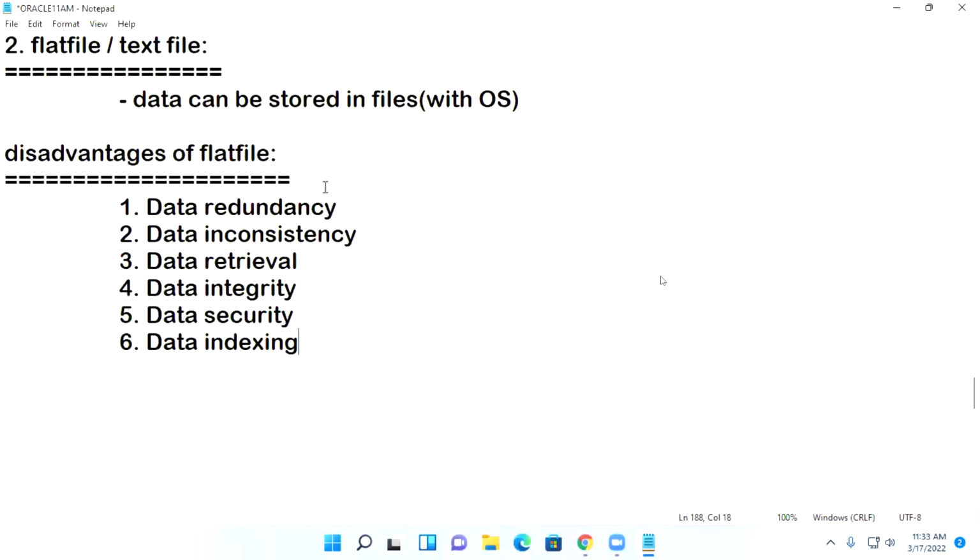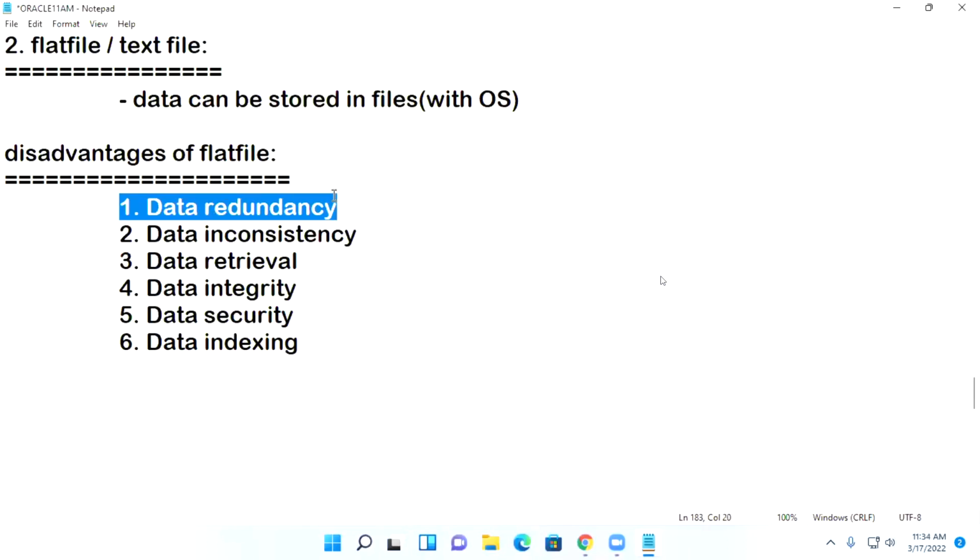These are the major problems from flat files. We will discuss these, and later how to overcome them we will see under DBMS. Let me show you one by one, practically, what redundancy means, what inconsistency, retrieval, integrity, security and indexing mean, with practical examples.